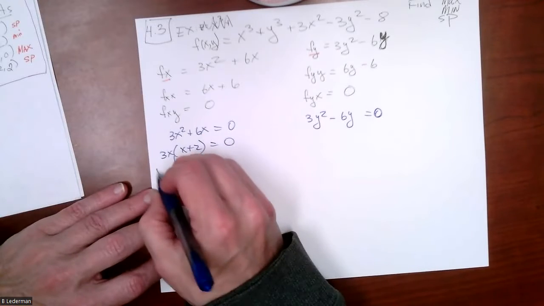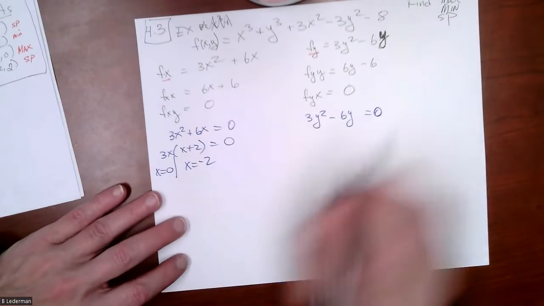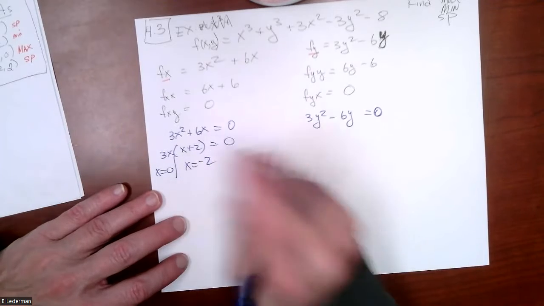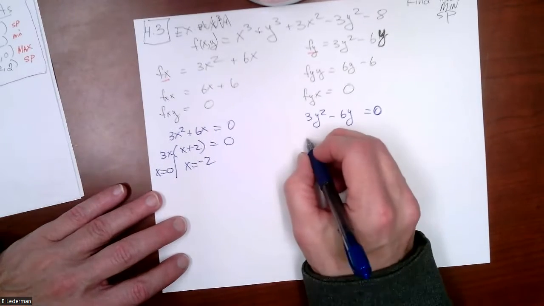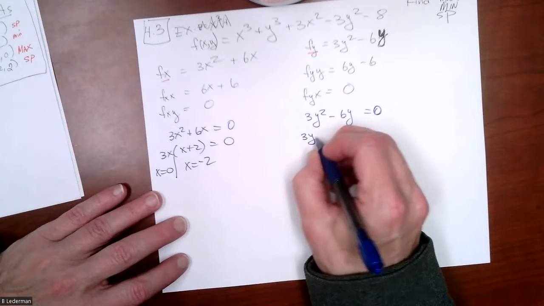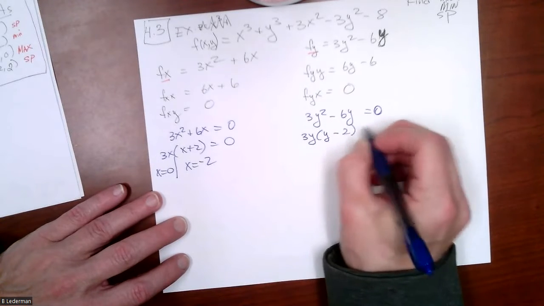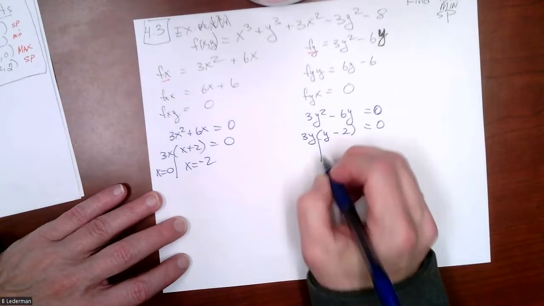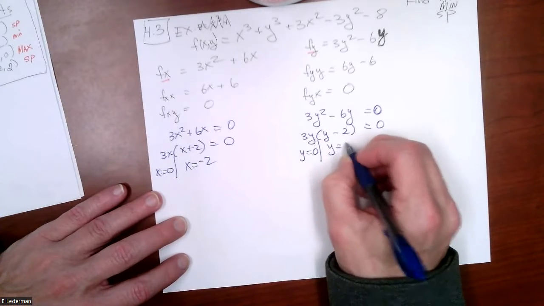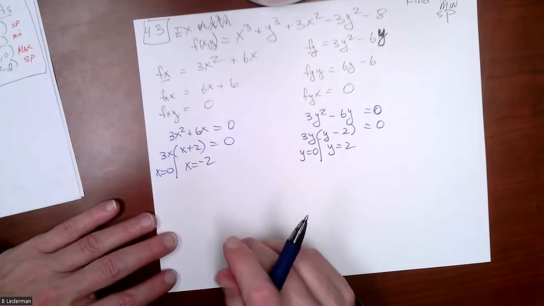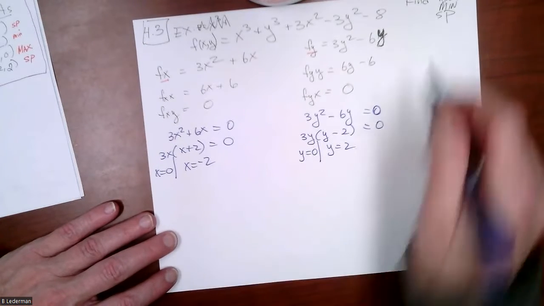That tells me either x equals 0 or x equals negative 2, from basic algebra, which you've done a million times. Here I'm going to factor out 3y, and I get y minus 2, which tells me either y equals 0 or y equals 2. So I have 4 possibilities. Let me put all 4 of them over here.